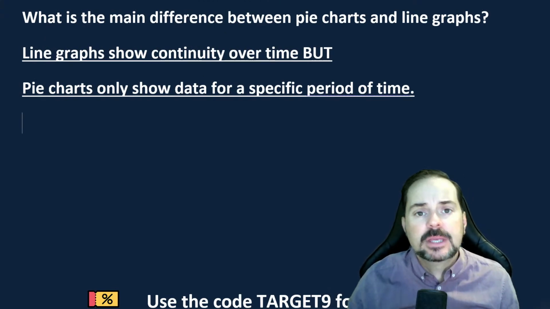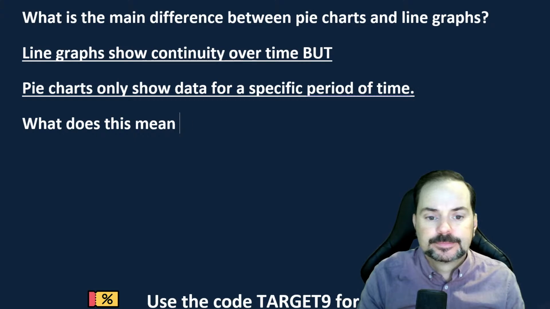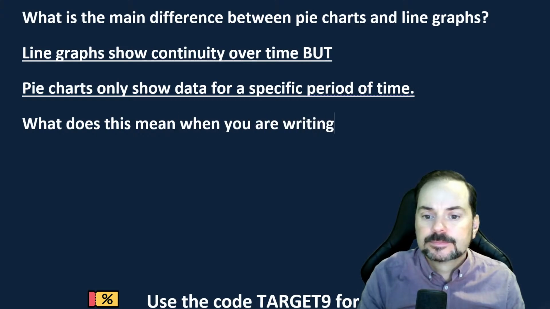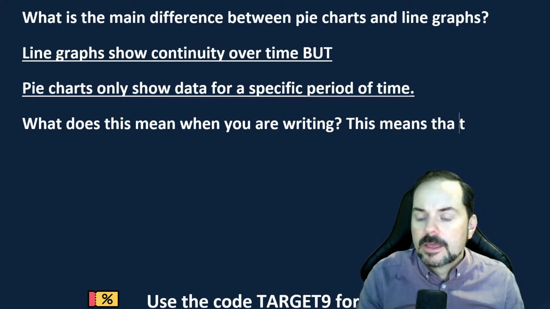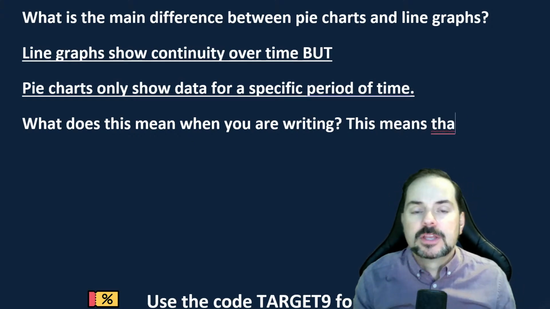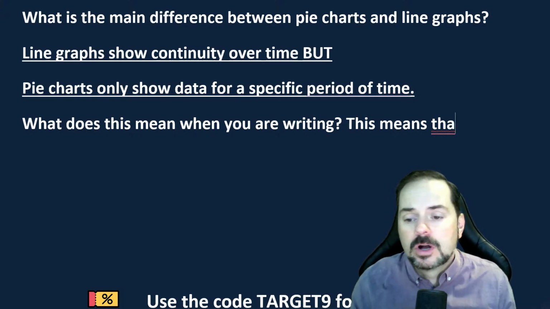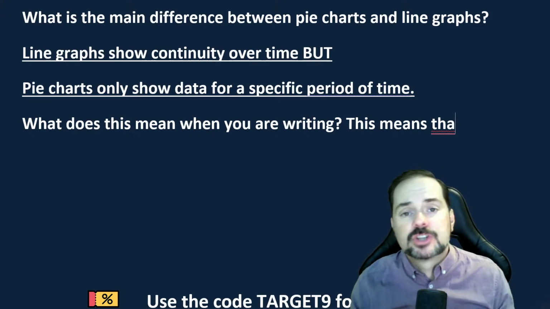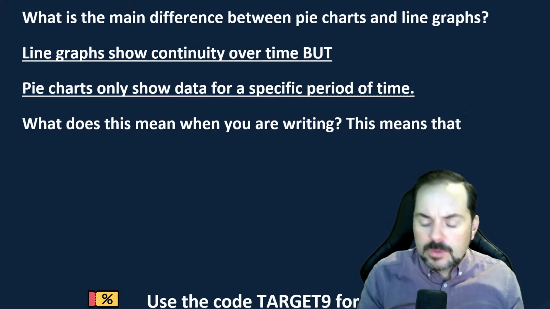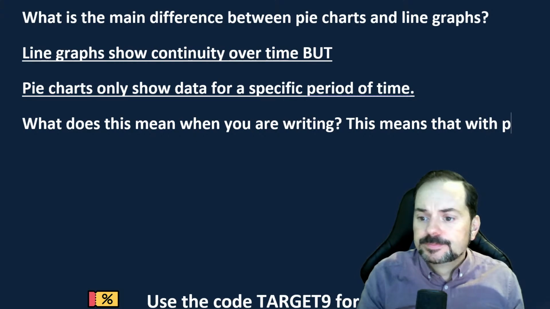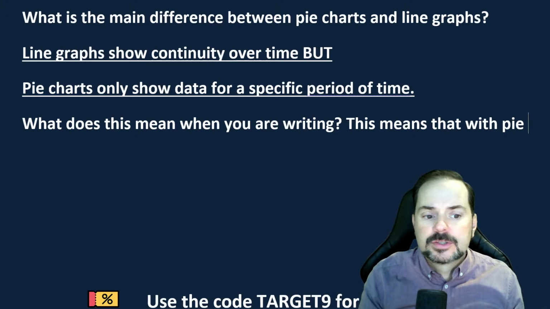And what does that mean, right? So what does this mean when you're writing? Well, it means a lot, right? It means that you can talk about line graphs as a continuous concept, and pie charts as a specific point in time. So let's start with line graphs.